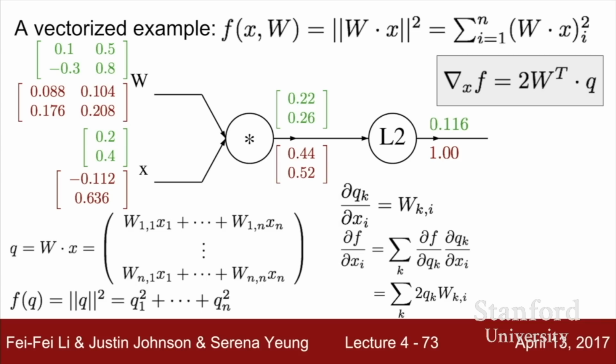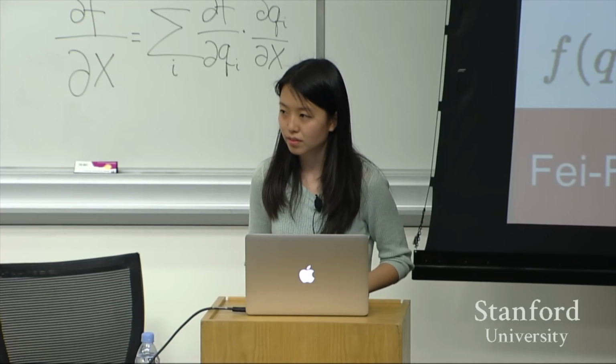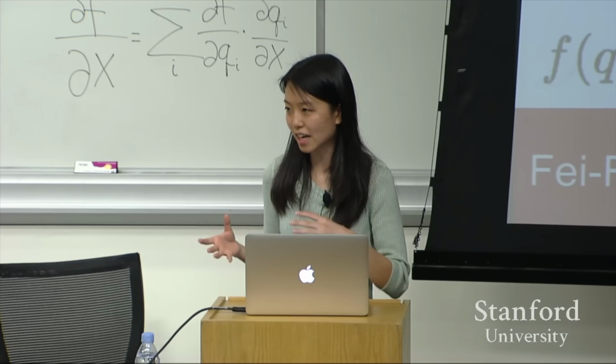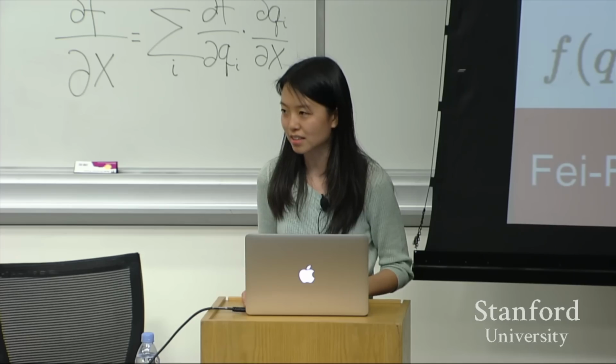So the vectorized expression of the gradient with respect to x is going to have the Jacobian here, which is this transposed value. So you can write it out in vectorized form. In this case, the matrix is going to be the same size as W, so it's not actually a large matrix in this case.